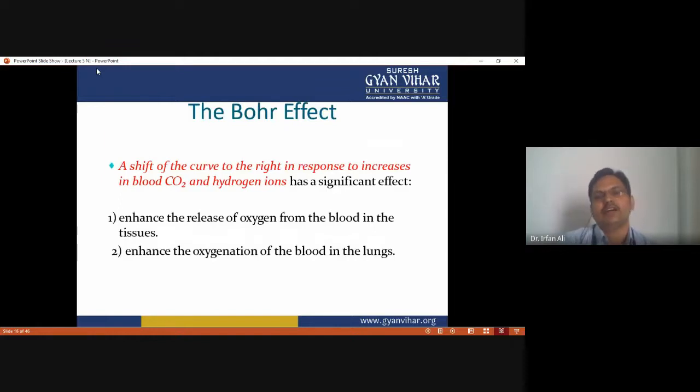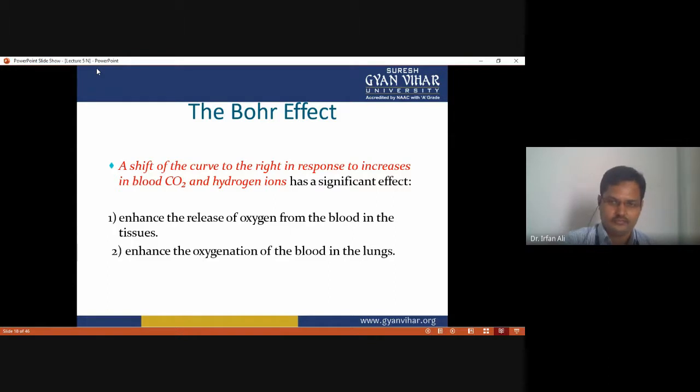So there is also the Haldane effect on the transport of carbon dioxide in the blood. A shift of the curve to the right in response to the increase in blood carbon dioxide and hydrogen ion has a significant effect on the following conditions: it enhances the release of oxygen from the blood in the tissue, and enhances the oxygenation of the blood in the lungs.